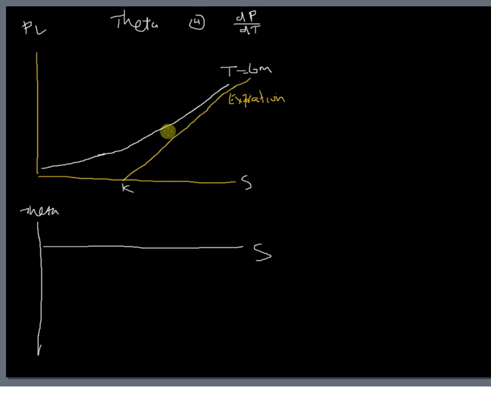So what theta means is, as time passes, this white line will slowly move towards the expiration payoff diagram in this manner. Over time, this will move in this direction. Why is this so? Intuitively, we need time for the underlying to move.